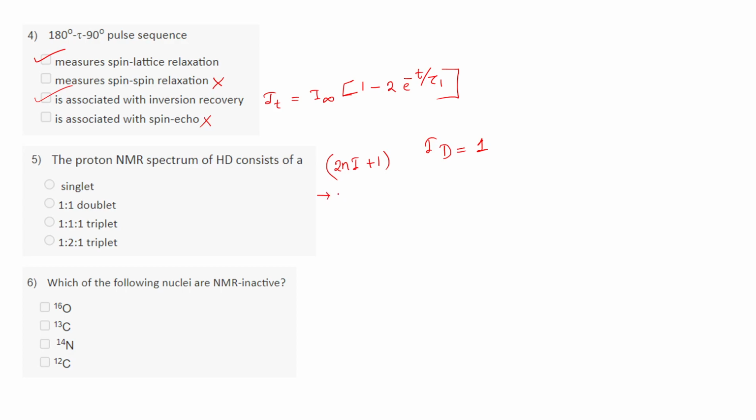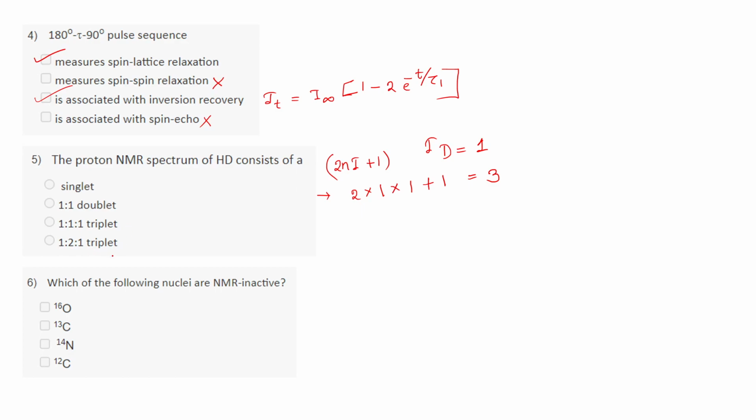So how many lines do you expect for the proton in HD? You expect 2 times the number of deuteriums, which is 1, times the nuclear spin, 1, plus 1. So you are going to expect 3 lines. It can be either 1:1:1 or 1:2:1.